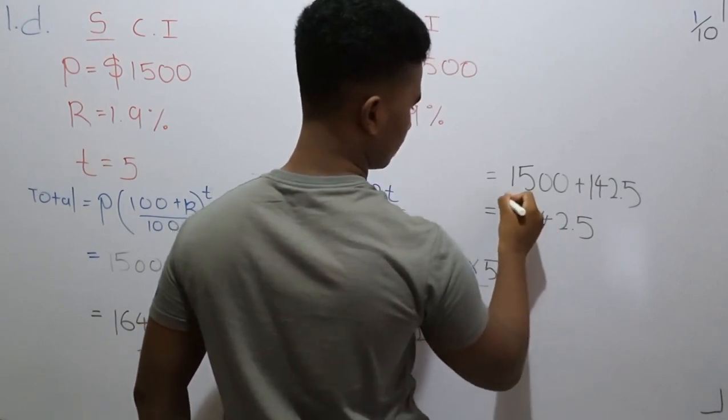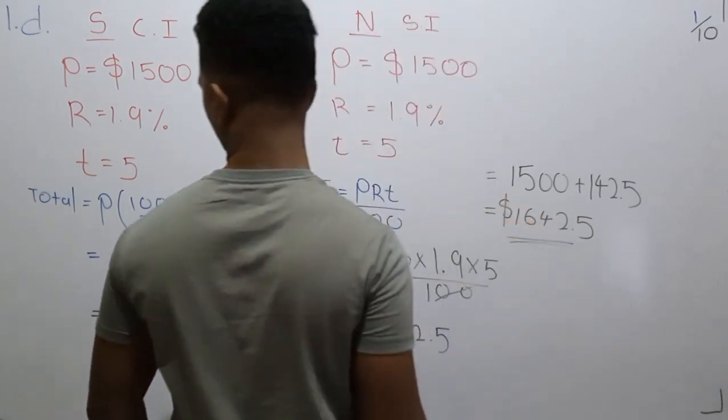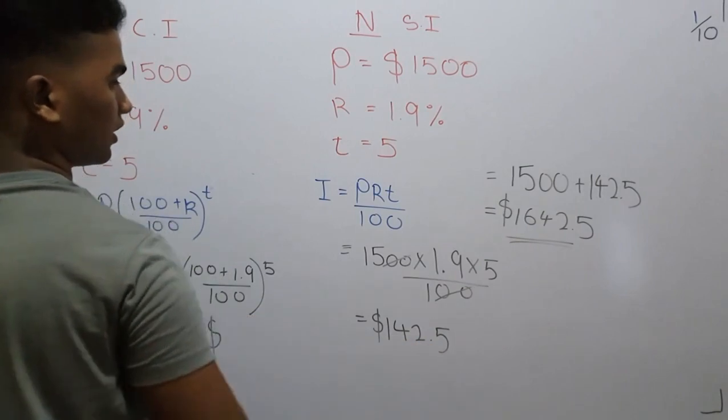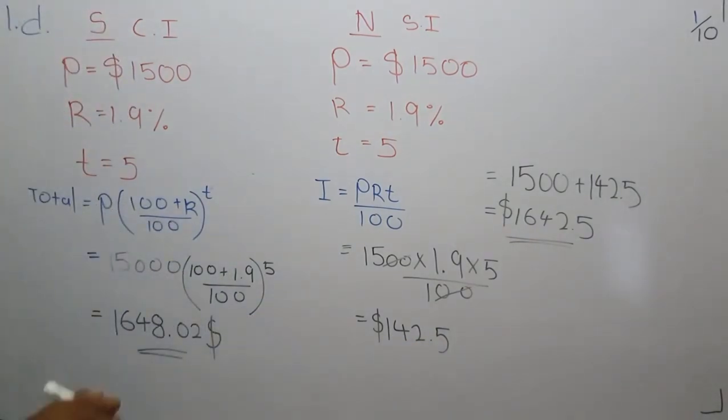So at the end, Nina is having 1642.5, and Samuel is having 1648.02.